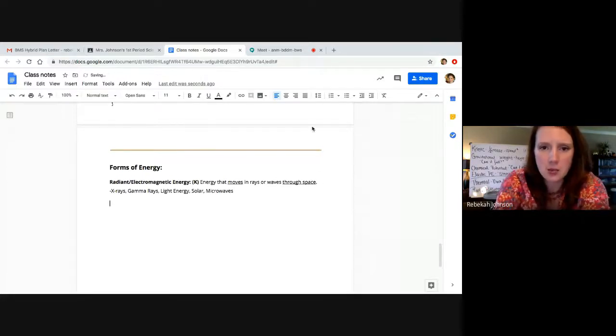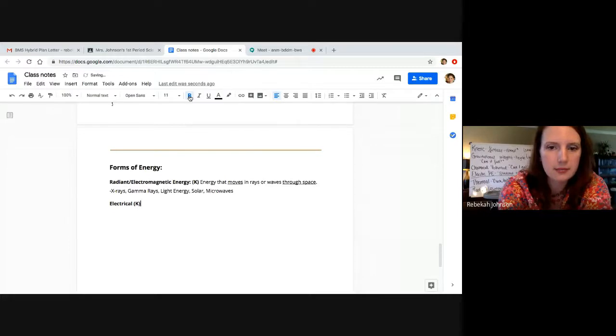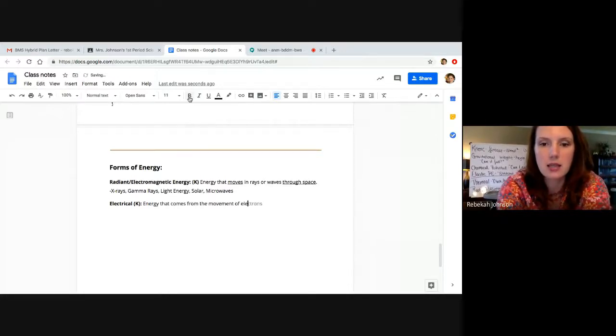Okay, next one that I want to go over is electrical energy. Electrical energy is also going to be kinetic. And this is energy that comes from the movement of electrons. In fact, the movement of electrons is what electrical energy is. So examples of sources where we could find things like that, that's pretty easy to come up with.